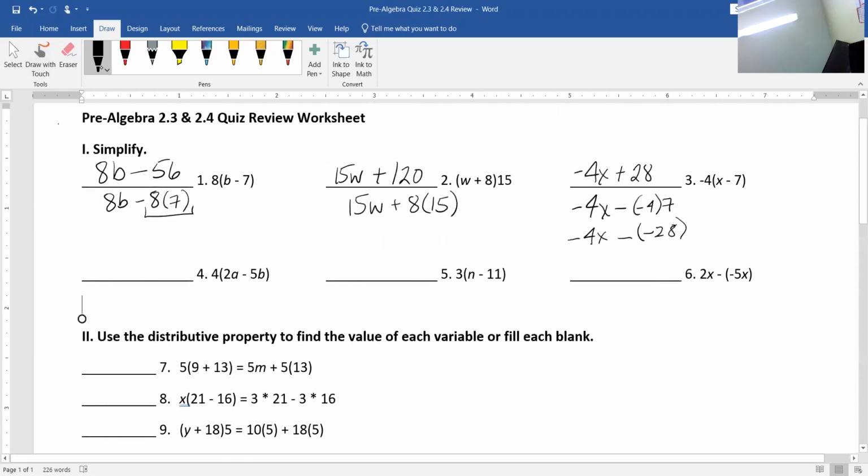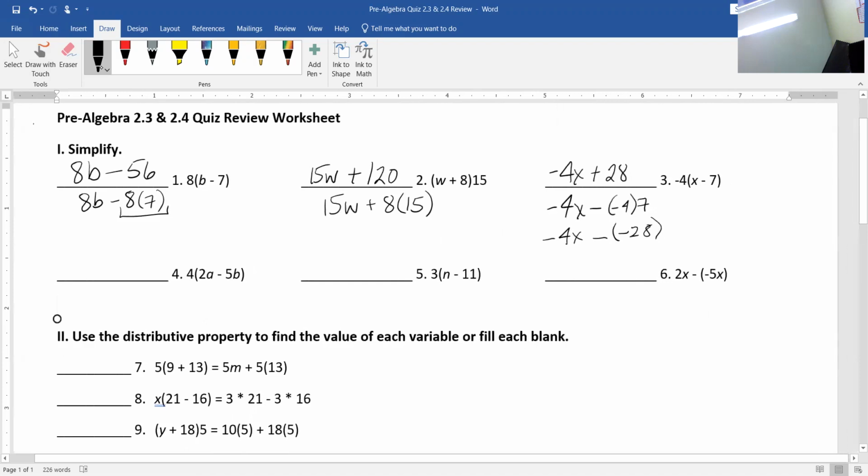Okay, so number 4 gives us 4 times 2a minus 5b. So this is 4 times 2a minus 4 times 5b. So then you just multiply your integers, and that's as simplified as we can get.